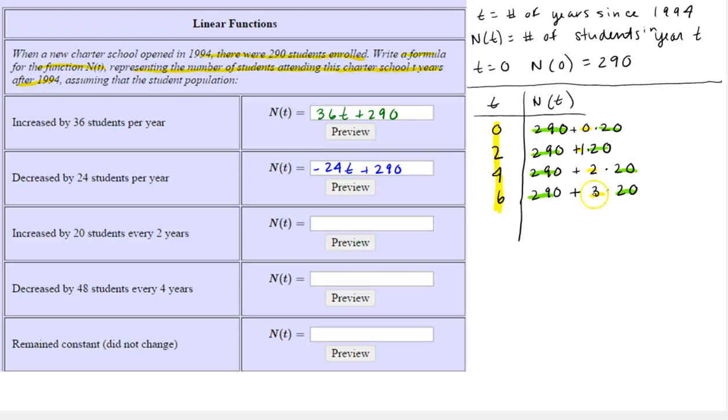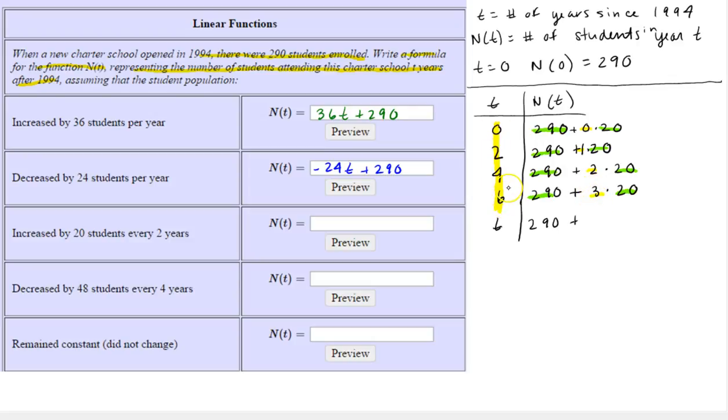The t value is actually twice the amount of the change value. So we'll have to take that into consideration when we write our formula. So let's write it as t. We have 290. Now notice this number is half of the t value.